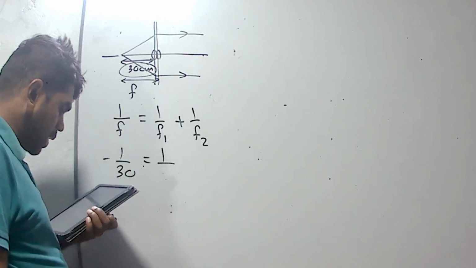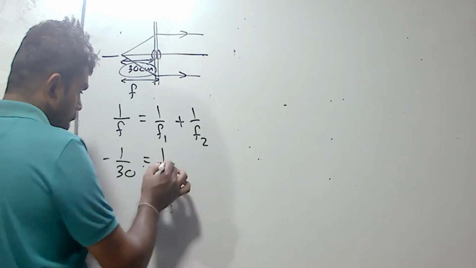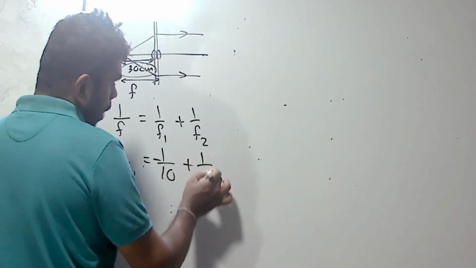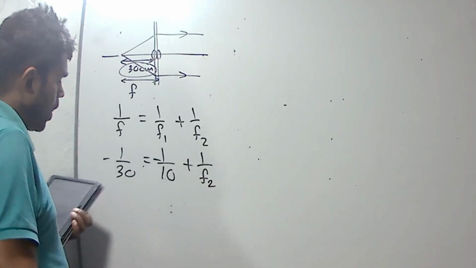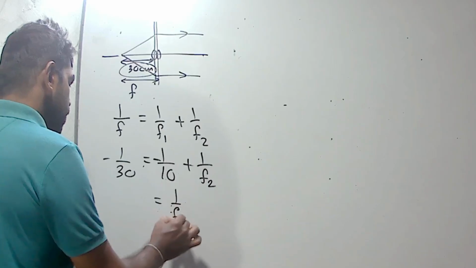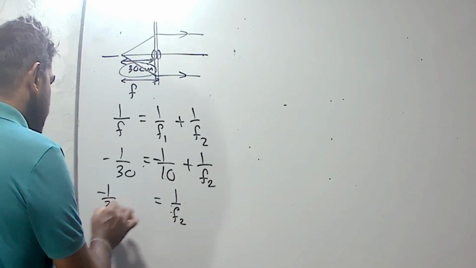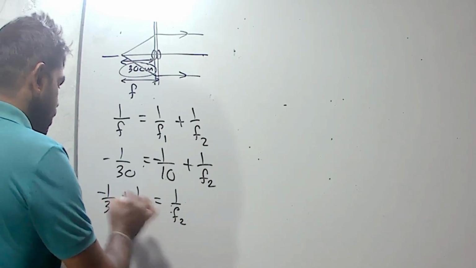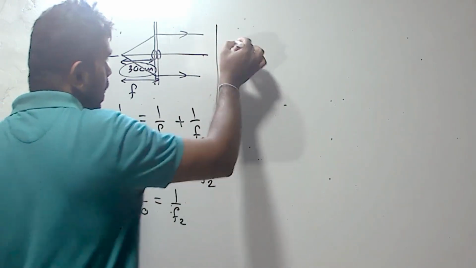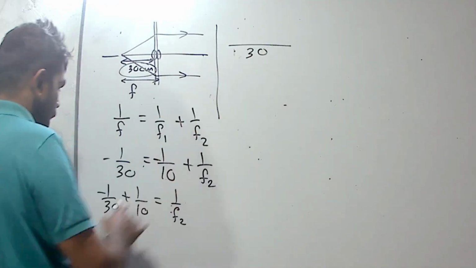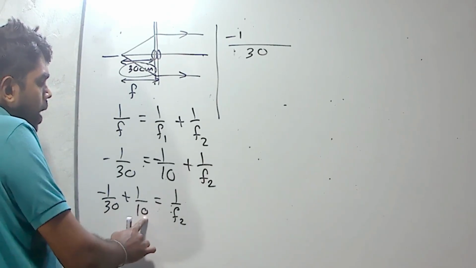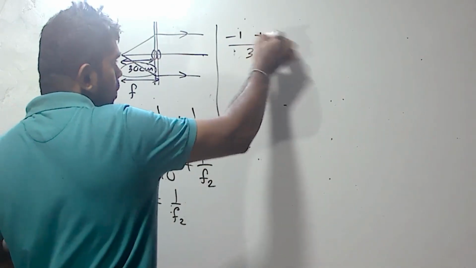F1 focal length is given as 10 centimeters. It is also minus, convex lens. We have to find the f2 value, so I will make f2 the subject. 1 over f2 equals minus 1 over 30 plus 1 over 10. LCM of the denominator is 30. 30 divided by 30, 1 into minus 1, minus 1. 30 divided by 10, 3, 3 into 1, 3.